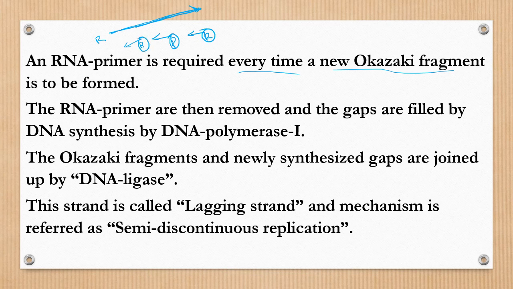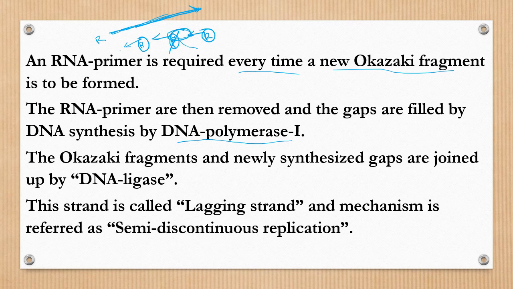After completion of replication on one strand, fragments are formed on the other strand. The RNA primers are then removed and the gaps are filled by DNA synthesis by DNA polymerase 1. So these primers are removed and DNA polymerase 1 joins the nucleotides.